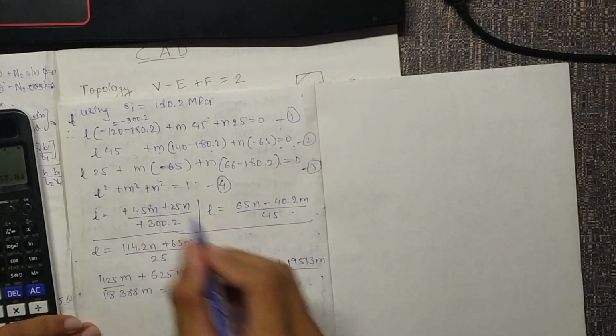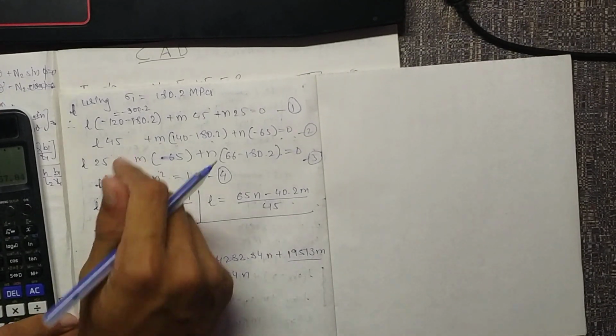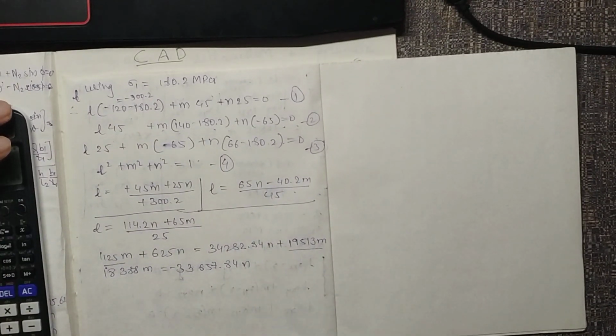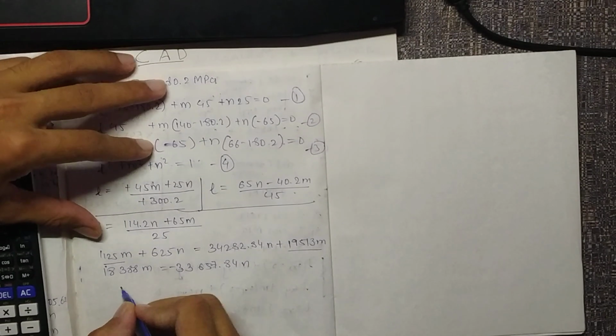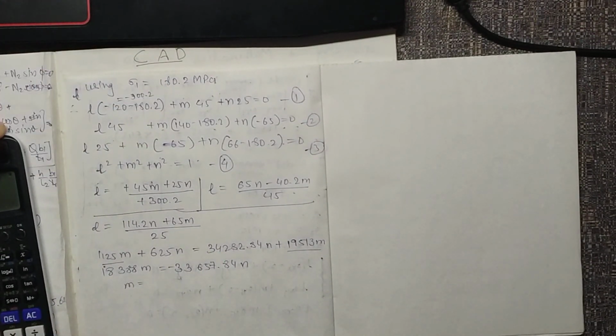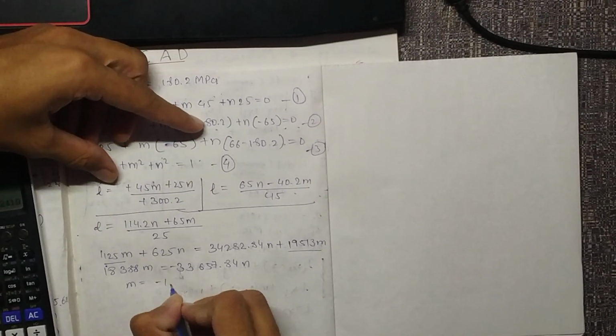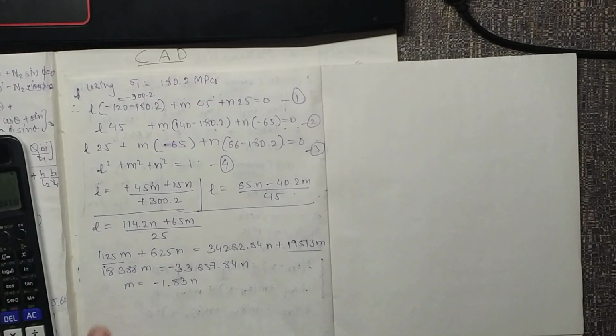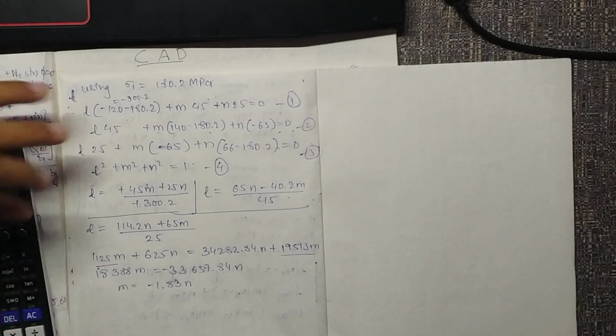And then I have one relation over here. So my m is equal to 3367657, this is minus 1.83 n. So I have m in terms of n.